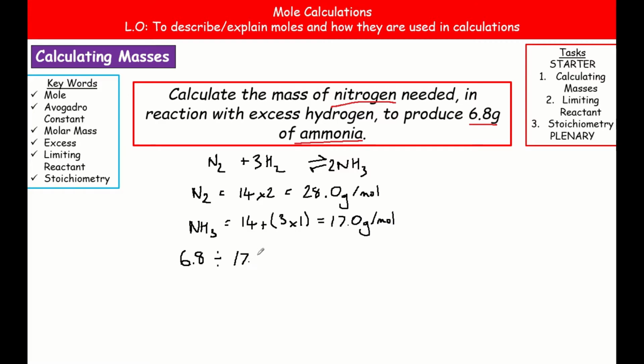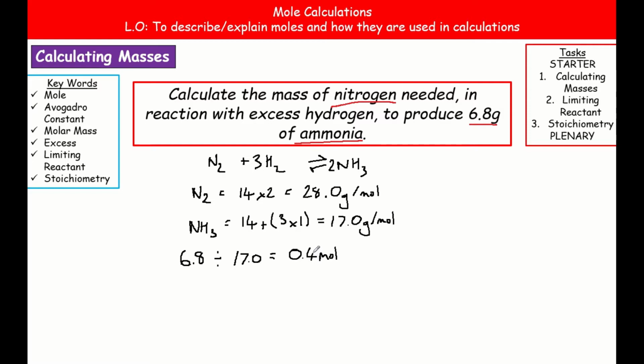So 6.8 divided by 17 gives us 0.4. And that is the amount in moles. Because remember, the amount in moles is the mass in grams divided by the molar mass. So we know we've got 0.4 moles of ammonia.